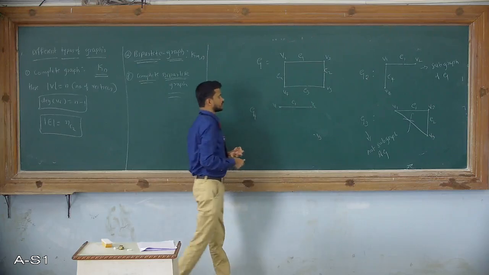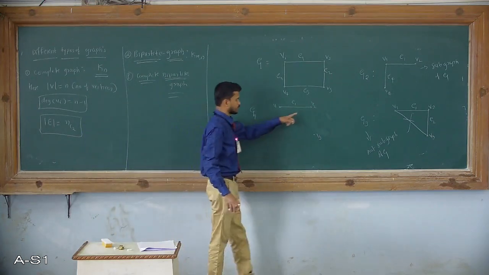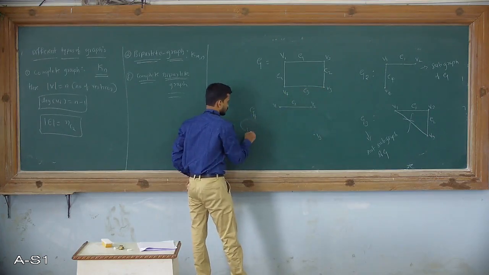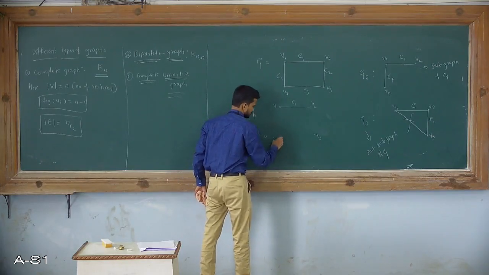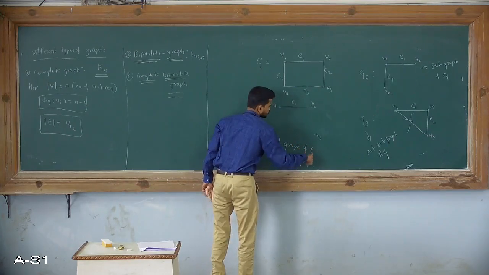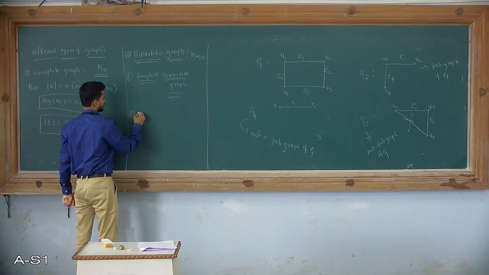In G4, V2 and V3 are not connected, but they are connected in G. So G4 is not a subgraph. It is a graph, but it is not a subgraph of G. So that is one more type of graph, and again we deal with the subgraph.